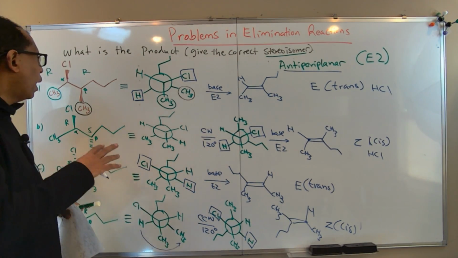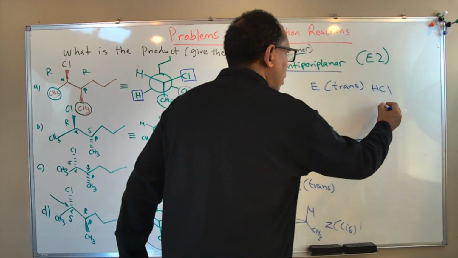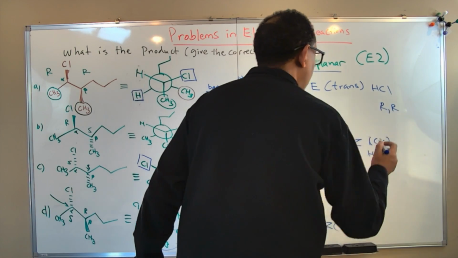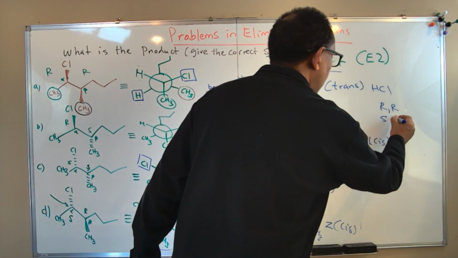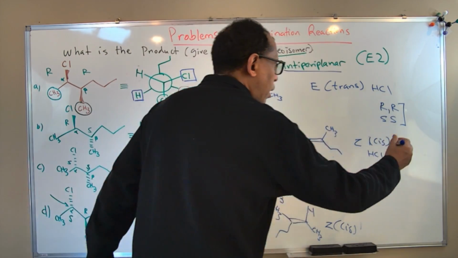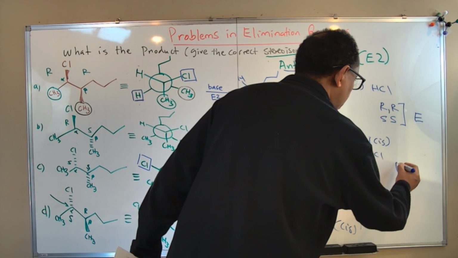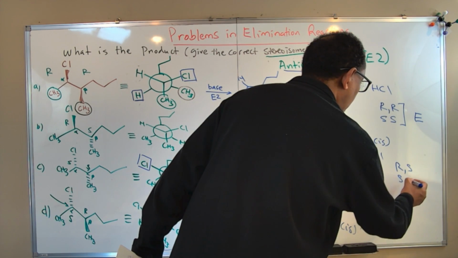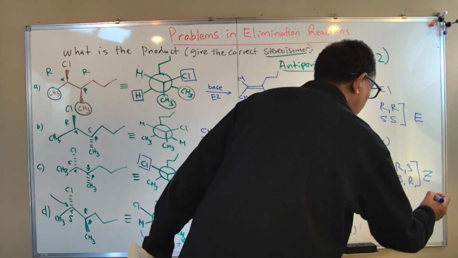So as a summary, at least for this compound, the RR stereochemistry and its mirror image, the SS mirror images, give an E compound. The RS and SR mirror images give the Z isomer.